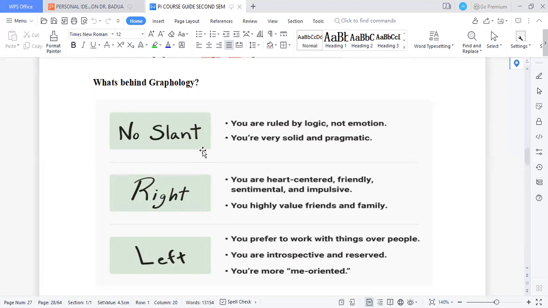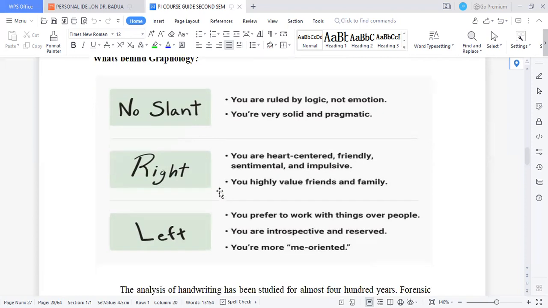It is not only for the purpose of identification, but it also gives emphasis to your personality and character as an individual. When it comes to the slant to the right, it says that you are heart-centered, friendly, sentimental, and impulsive. You highly value friends and family.